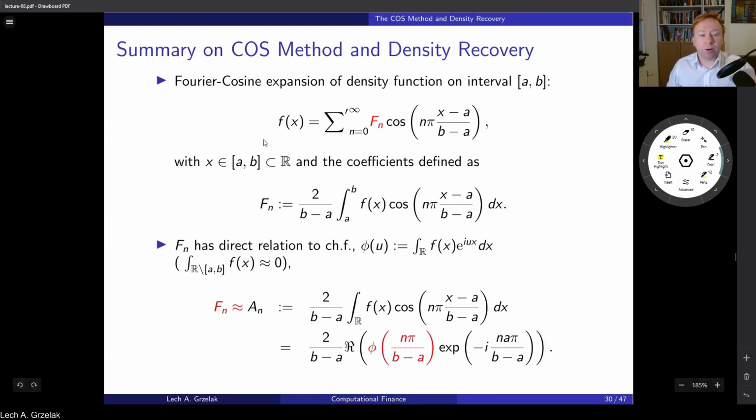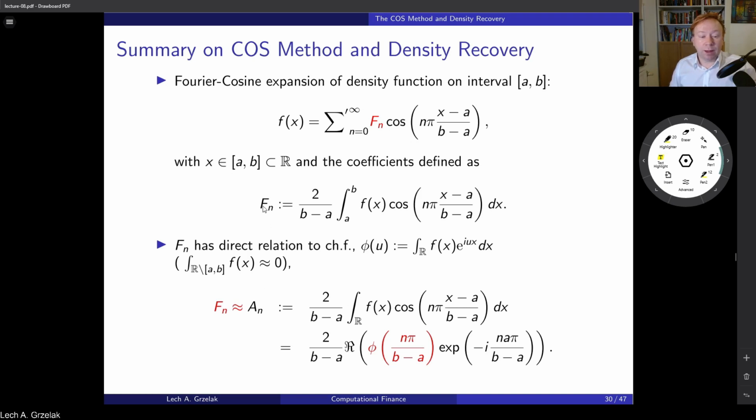Okay, this is the summary of the Fourier cosine expansion. We start with a density which is expressed as the infinite summation from n equal to 0, with a half of the first term, of terms Fn cosine, where Fn is given as an integral of the density multiplied with a cosine.